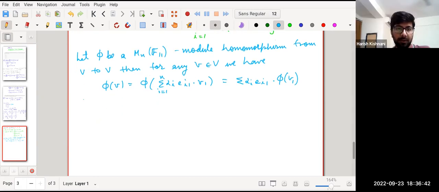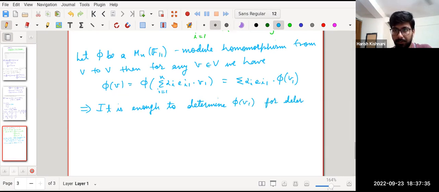So this implies it is enough to determine phi of v1 for determining phi.